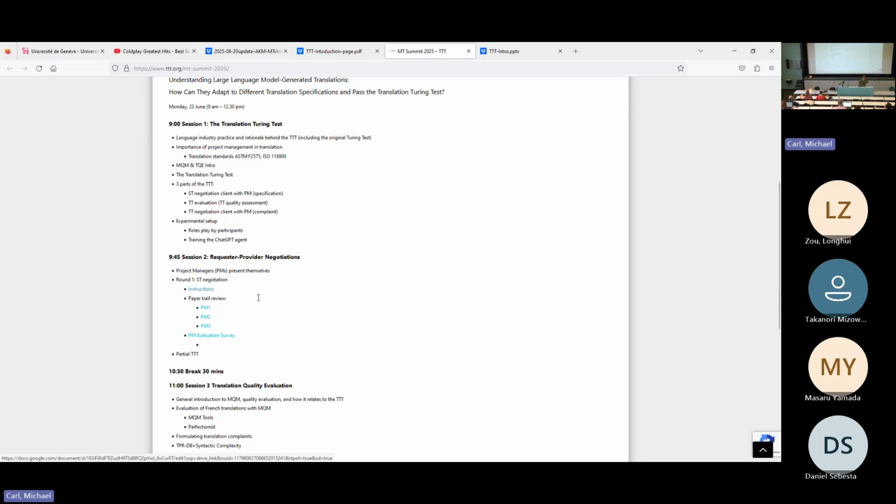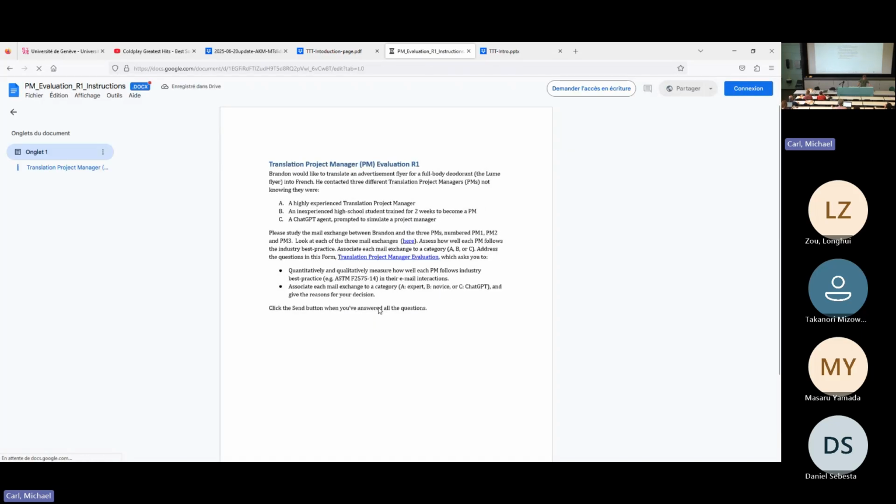And now, if you click on these instructions here, it will open this Word file here and explain the kind of task that we also gave to some students. So Brandon would like to translate an advertisement flyer, for a full body deodorant, Loom, from English into French.